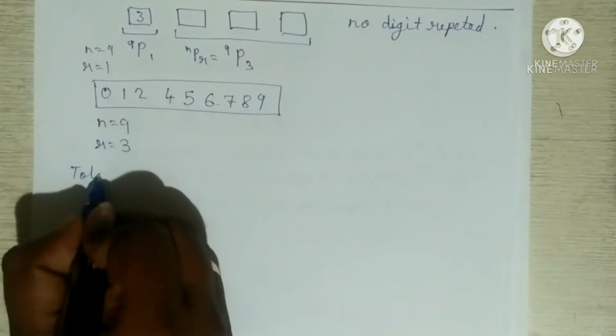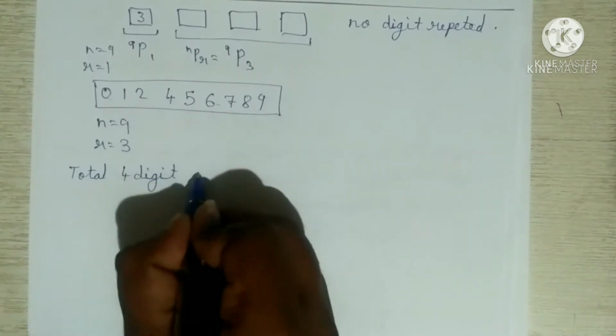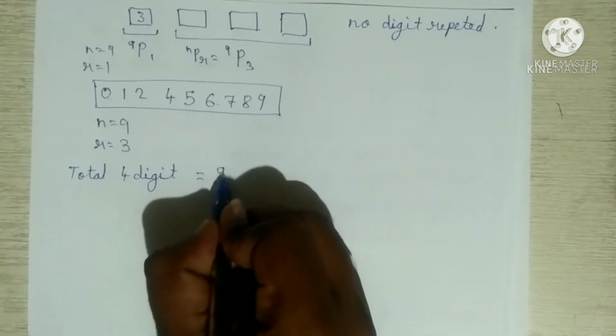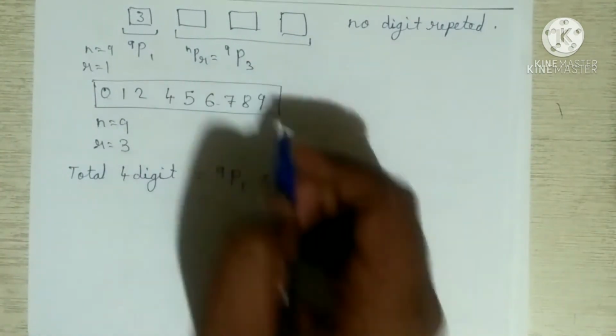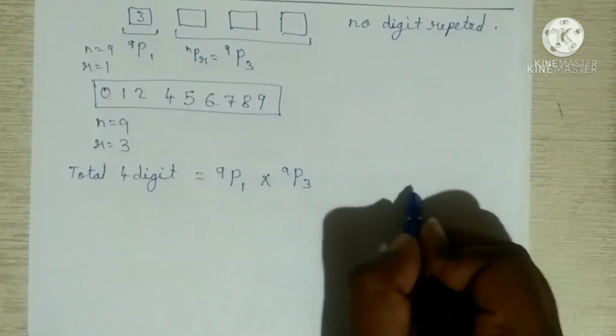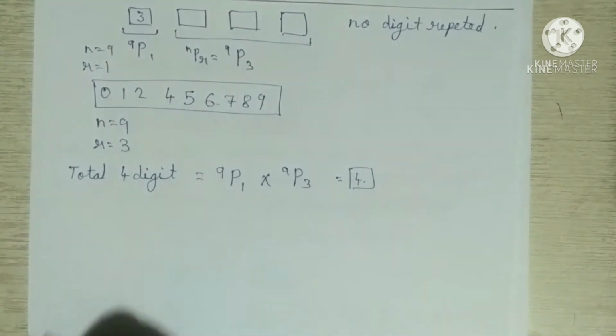Total we need to find 4 digit. In 4 digit, this one is 9P1 into 9P3. 1 plus 3 is nothing but 4. We need to find 4 digit.